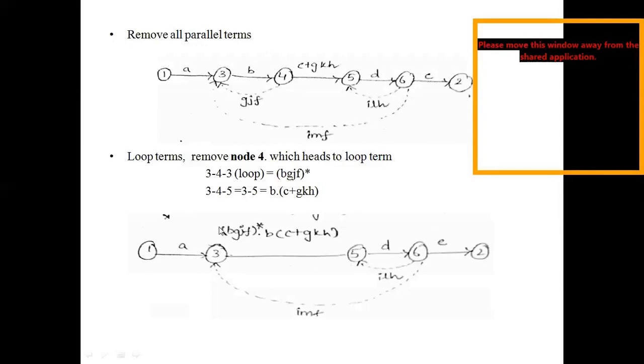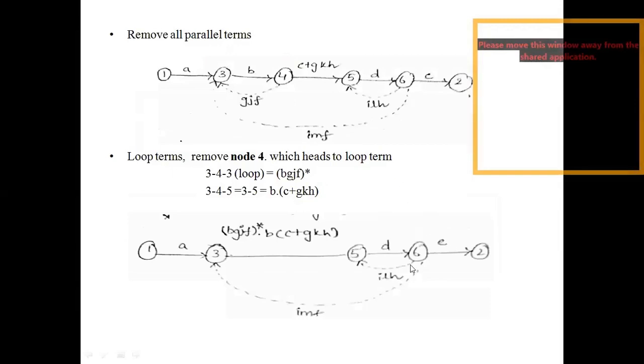See, 3, 6. This is the link name for 3 to 5, and D is the sequential for this. So we are going to multiply with this link name. Then the link name for 3 to 6, after removing node 5, is BG JF star B of 6C plus GKH of D sequence.